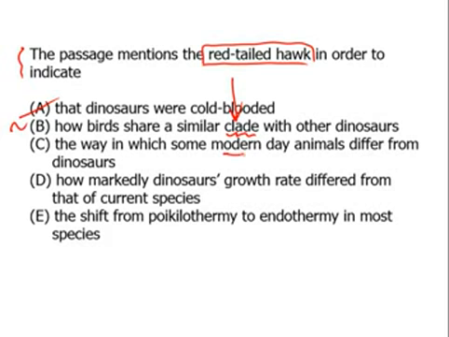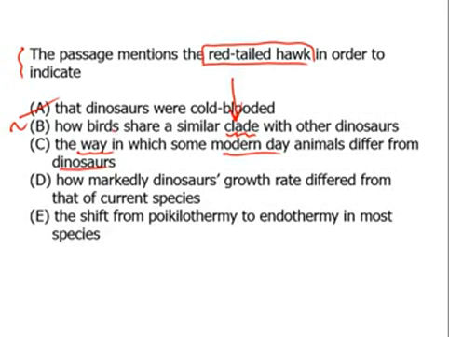C, the way in which some modern-day animals differ from dinosaurs. This is tempting. It mentioned modern-day animals with the red-tailed hawk, and it mentioned the dinosaurs with the Archaeopteryx. But is that why he's mentioning the red-tailed hawk? Is that consistent with the answer that we came up with, to talk about how, in terms of growth rate, modern-day animals are very different from the dinosaurs? So here it is a little bit too vague. There is no mention of growth rate.